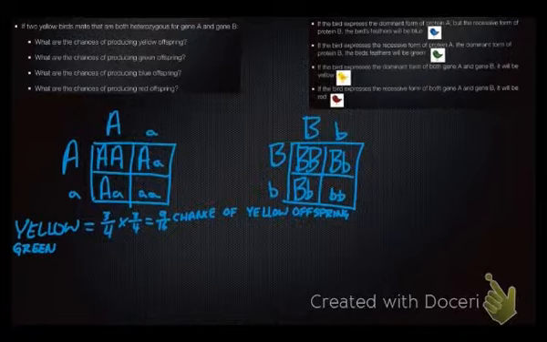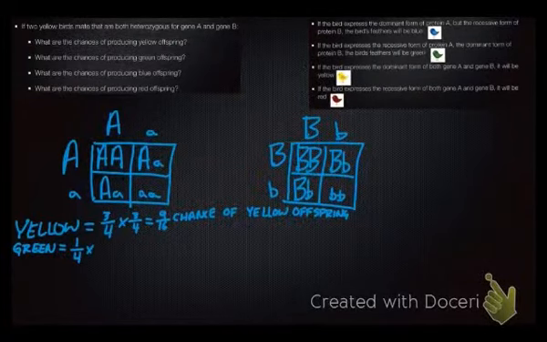The odds of getting green, they need recessive of protein A. So they got to express the recessive. These ones have a recessive allele, but they won't express it because the dominant always gets expressed over the recessive if both are present. The only one that's going to express the recessive is this one. So it's a 1 out of 4 chance of expressing the recessive form of gene A.